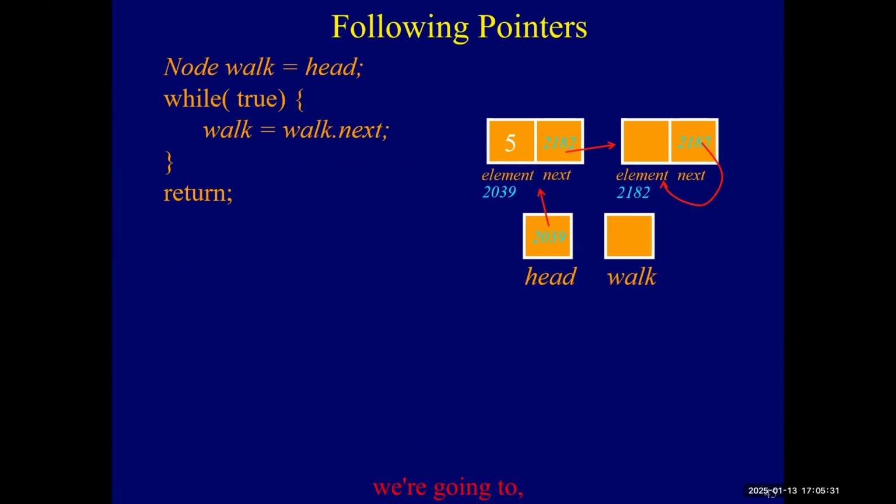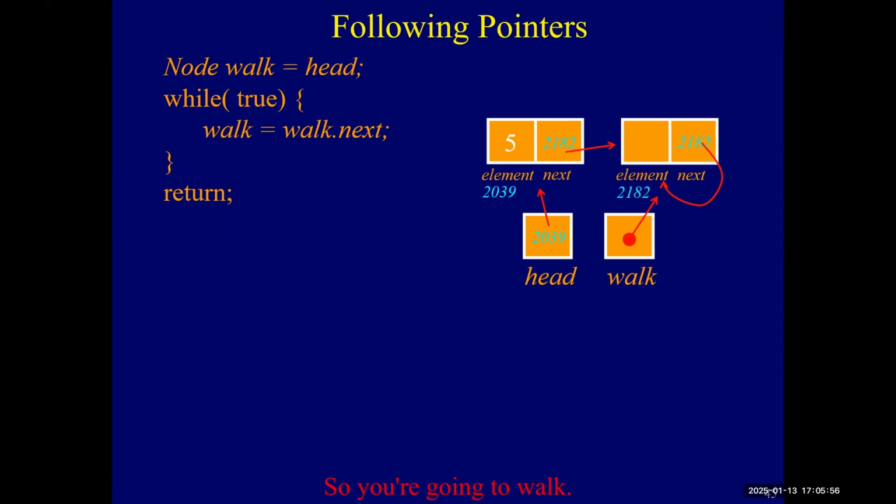All right, so now we're just going to run this code, just for fun. Why? Because we're bored. You run this code, and what's it going to do? Walk is going to point where head's pointing. Now walk is going to point where walk.next is pointing.